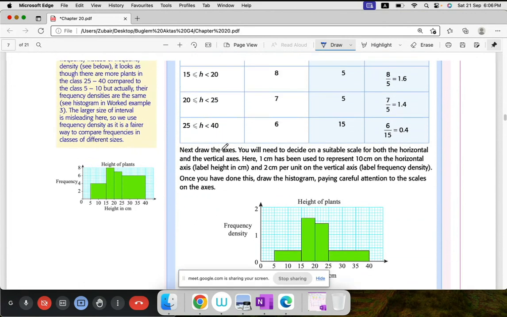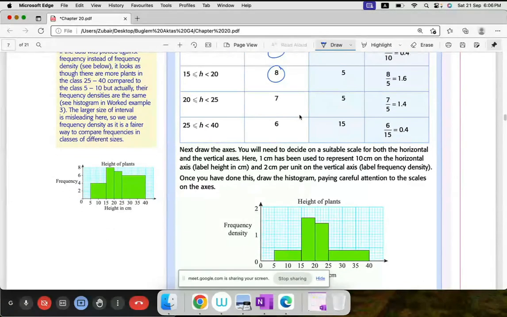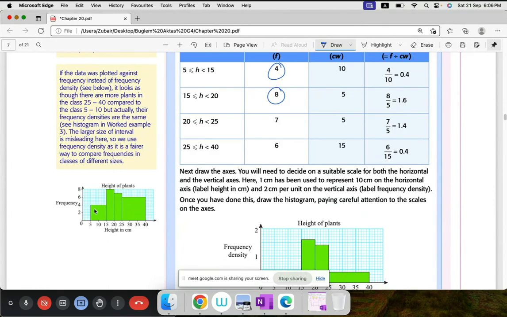Now, also have a look at the data. The first frequency is 4. The second is 8, which shows us that there are double the number of people or double the number of plants in the second group. But when you look at the areas, see what happens. From 5 to 15 is the block, and from 15 to 20 it should have been double, but the area looks exactly the same on the left-hand side.